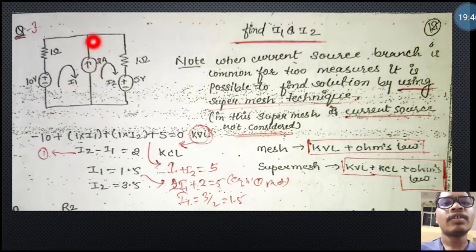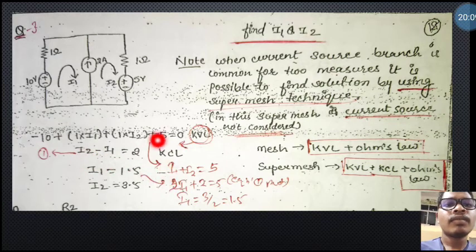The 2 ampere will be flowing from ground to the upper level. So I2 current is larger and I1 is smaller. That's why I2 minus I1 is equal to 2 ampere. So I2 minus I1 is equal to 2 ampere.